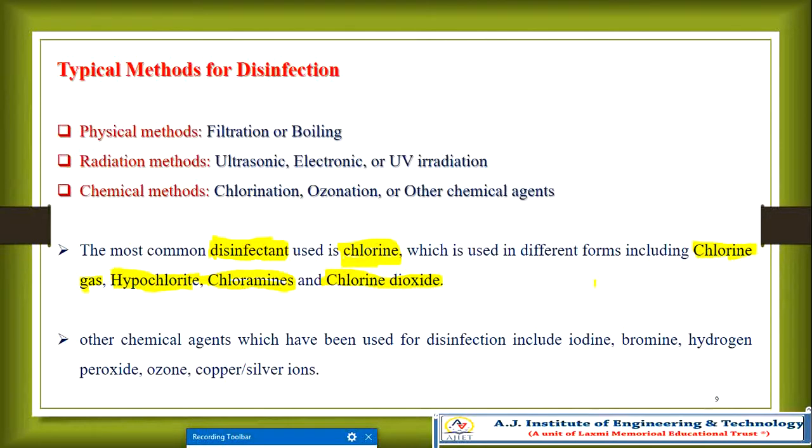We can use it as chlorine gas, hypochlorite, chloramines and chlorine dioxide.